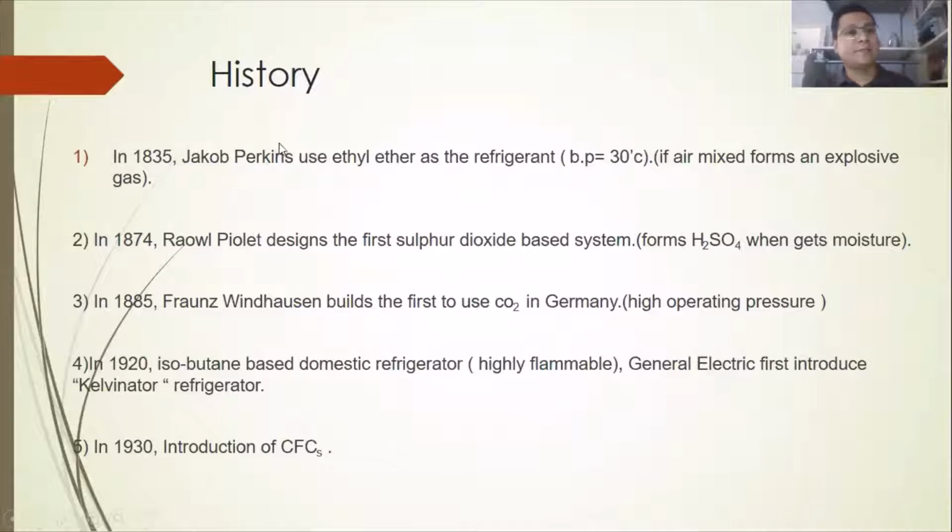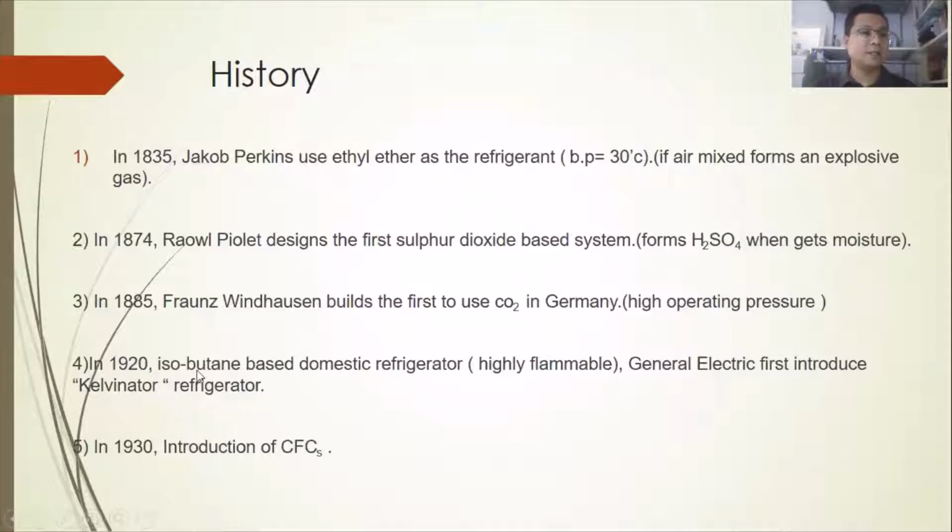Okay, from history: in 1835, Jacob Perkins used ethyl ether as the refrigerant, and in the 1870s, Raoul Pictet designed the first sulfur dioxide system. Then in 1885, Franz Windhausen built the first system using CO2, carbon dioxide, in Germany.